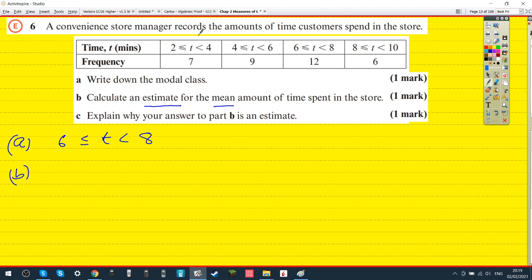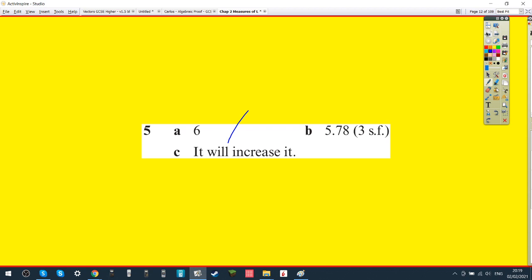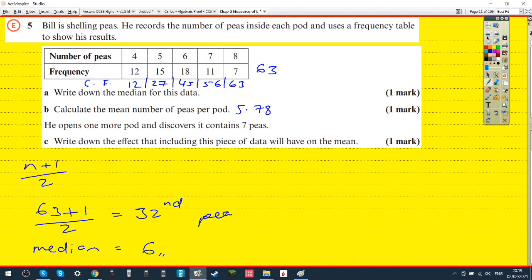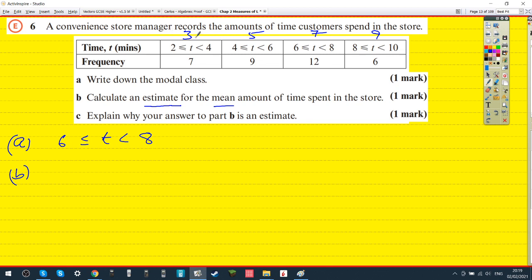You'd use the midpoint. So 3, 5, 7, 9, and so you would do it just like the previous one. It has gone from having a class interval to just one class. So 3 times 7, 5 times 9, 7 times 12.